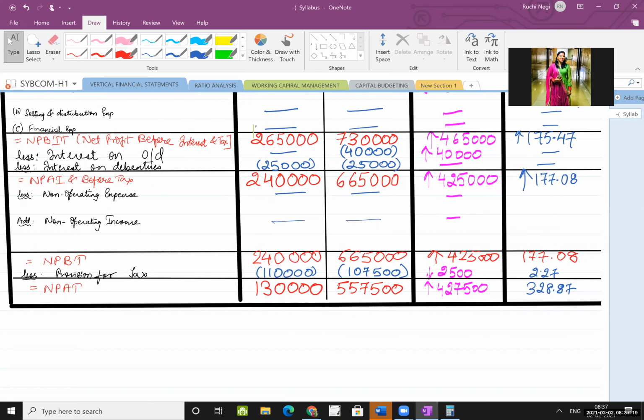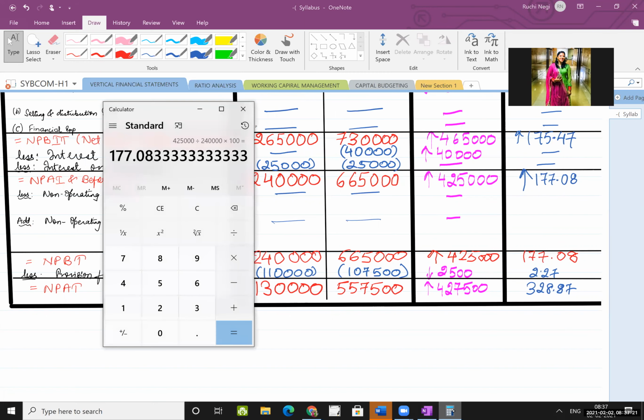Then less provision for taxes. 2,40,000 minus 1,10,000 is 1,30,000. 6,65,000 minus 1,07,500 is 5,57,500. Okay, so how much did tax increase? Earlier it was 1,10,000, now it is 1,07,500.